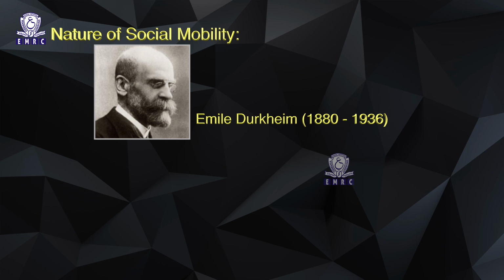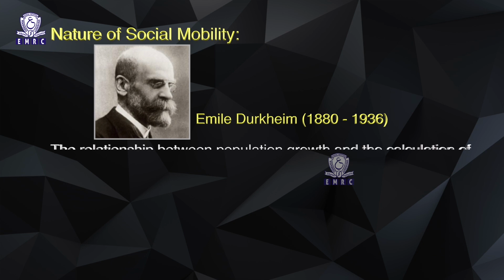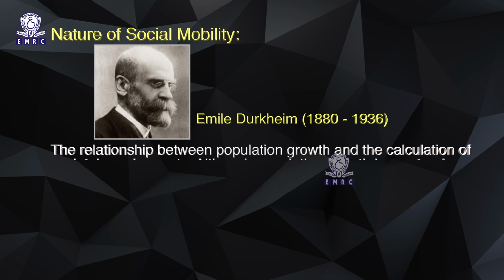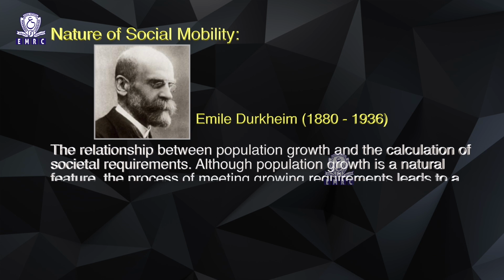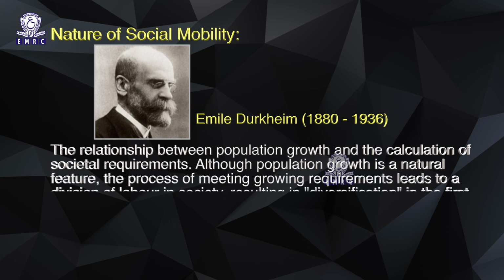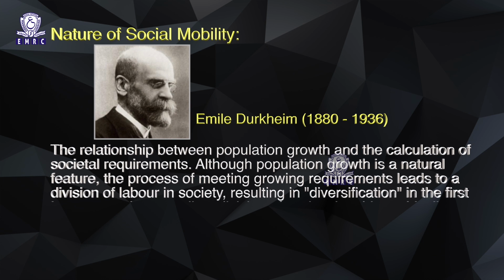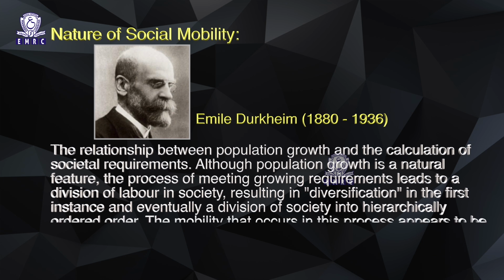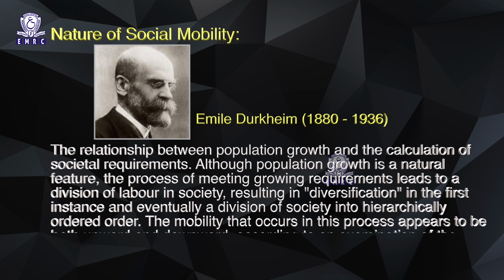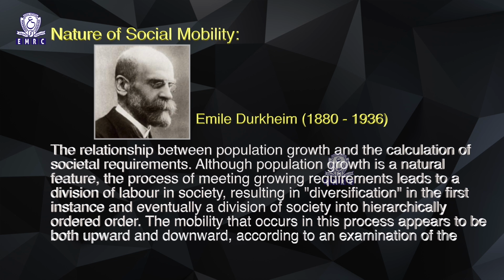Emile Durkheim, a pioneer sociologist, discusses the relationship between population growth and the calculation of societal requirements. Although population growth is a natural feature, the process of meeting growing requirements leads to a division of labor in society, resulting in diversification in the first instance and eventually a division of society into a hierarchically ordered structure. The mobility that occurs in this process appears to be both upward and downward, according to an examination of the process.